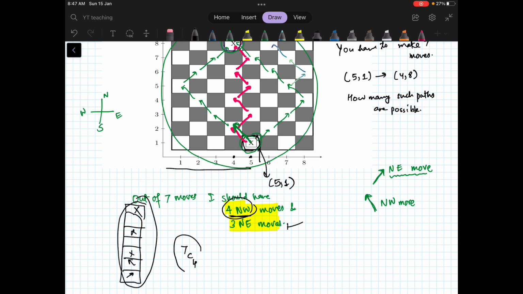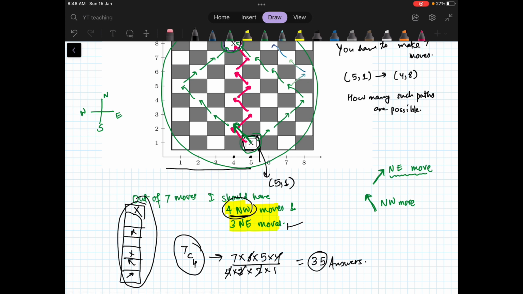So this is my answer. Out of seven moves, I have to fix my four northwest moves. So 7C4 will be 7 into 6 into 5 into 4 over 4 into 3 into 2 into 1. So that gives you 35. So there are 35 total paths possible.